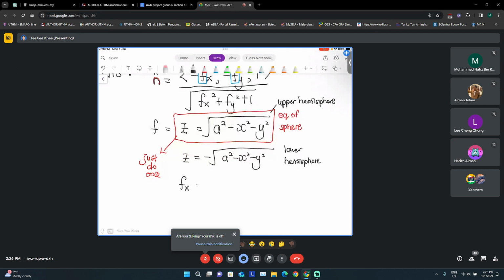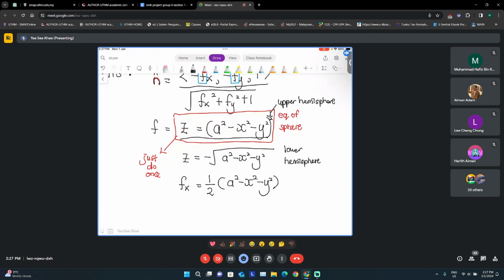Alright, so we got the f. We want to perform the differentiation with respect to x. I hope you know how to perform a differentiation for this kind of equation. You could rewrite it as a bracket to the power 1 over 2. When you perform a differentiation, you bring the 1 over 2 in front, whatever is inside the bracket you write down again, and the power 1 over 2 you minus 1, so you get negative 1 over 2.